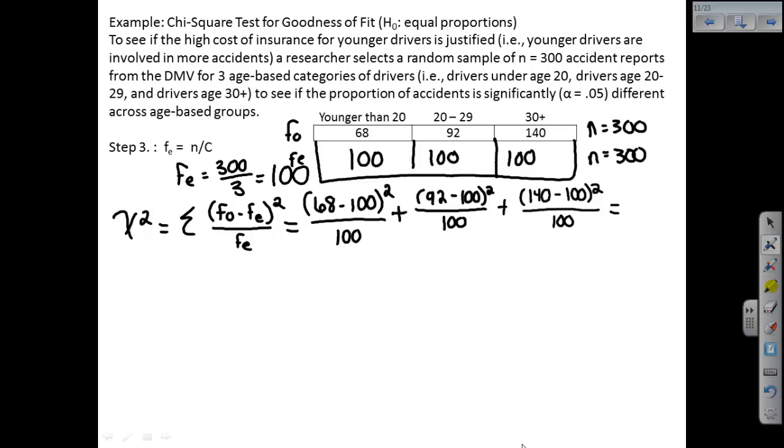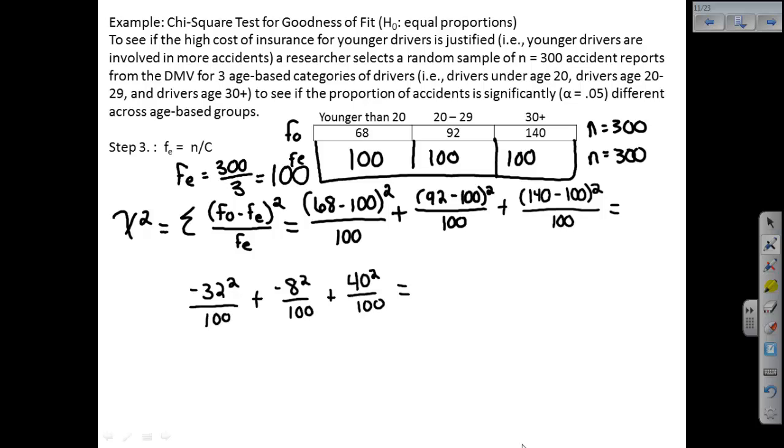So then the next step in calculations, we want to solve for the parentheses. So 68 minus 100 becomes negative 32. That's going to be squared divided by 100, plus 92 minus 100, negative 8 squared divided by 100, plus, all right, 140 minus 100, so 40 squared, still divided by 100.